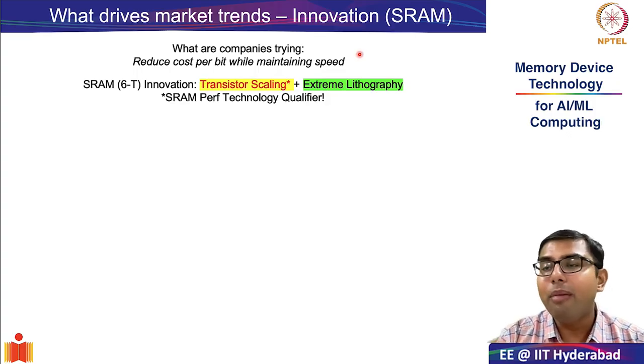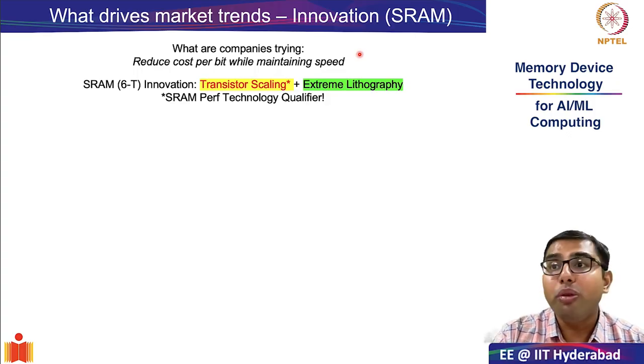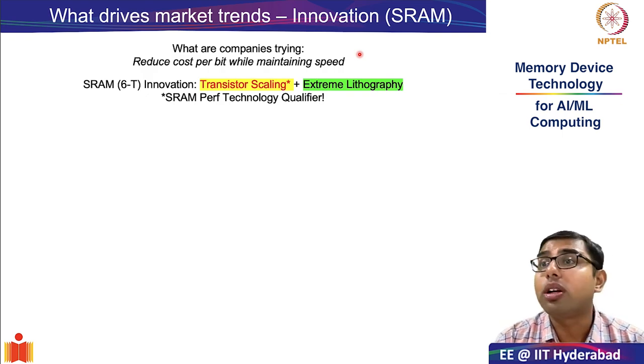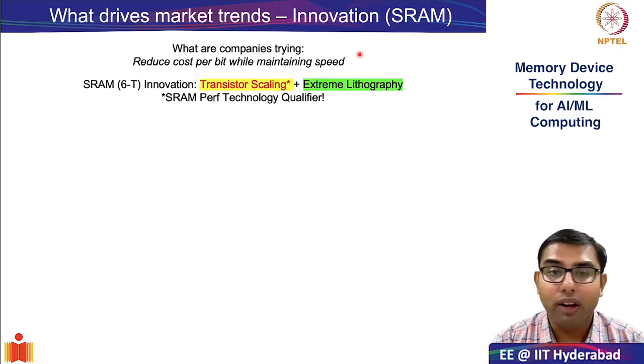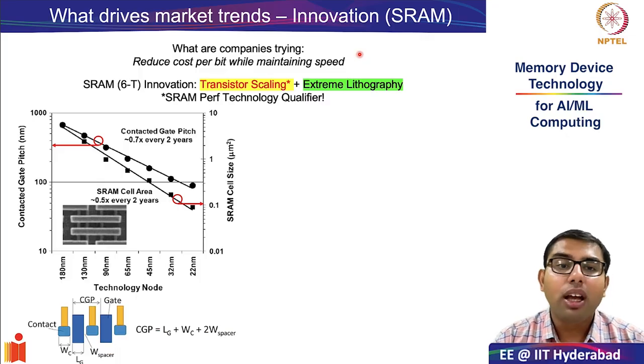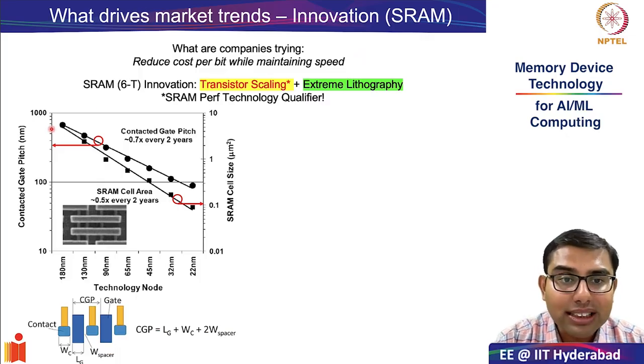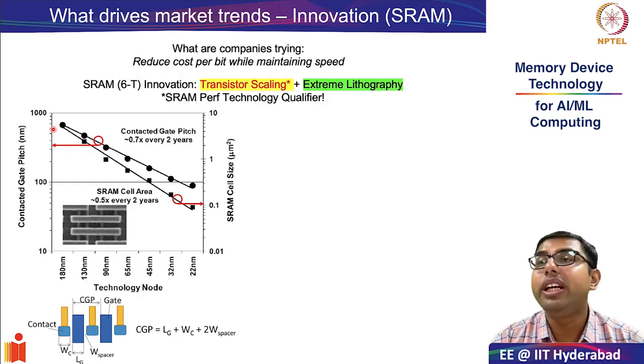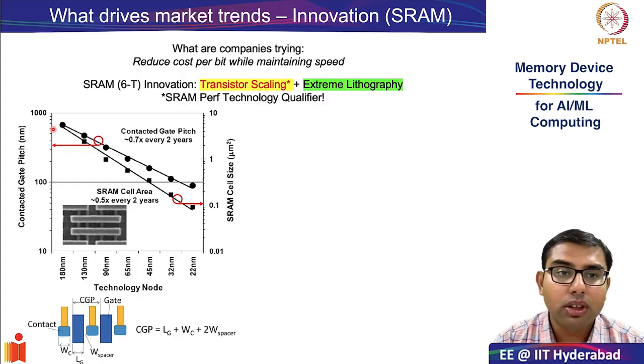So SRAM latency, and what we will see when we dig deep into SRAM, Shmoo plots, are a very important technology qualifier. So let us see how reducing the size of the transistor has enabled the scaling of the SRAM cell area.